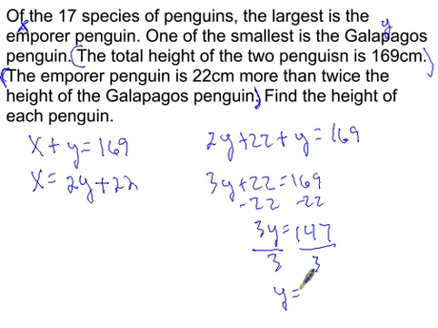Divide by 3, so y is 49. So the Galapagos penguin average height is about 49 centimeters. And then we can just do x plus 49 equals 169.